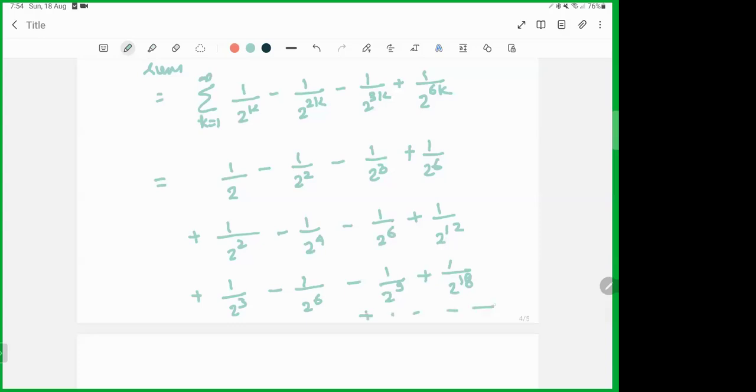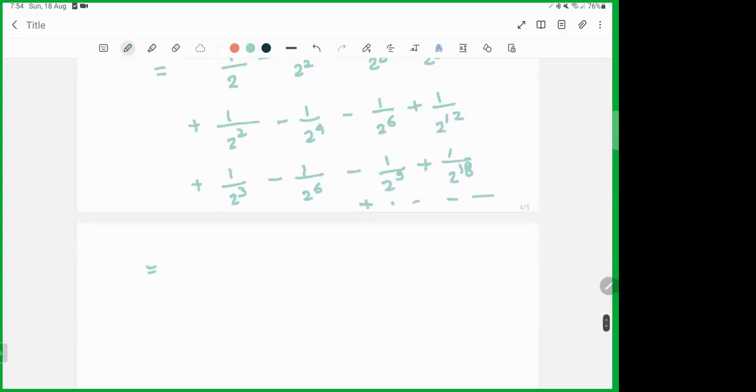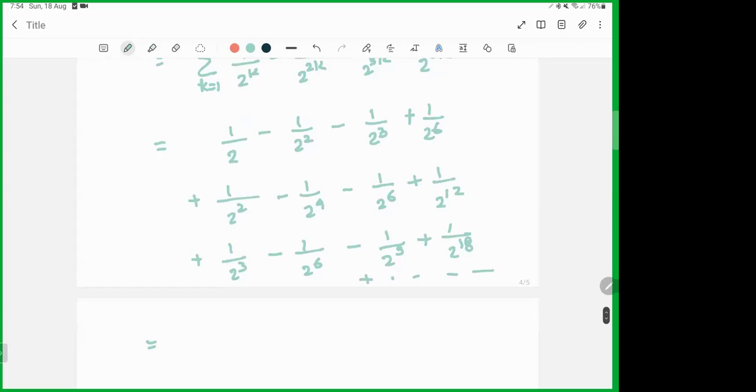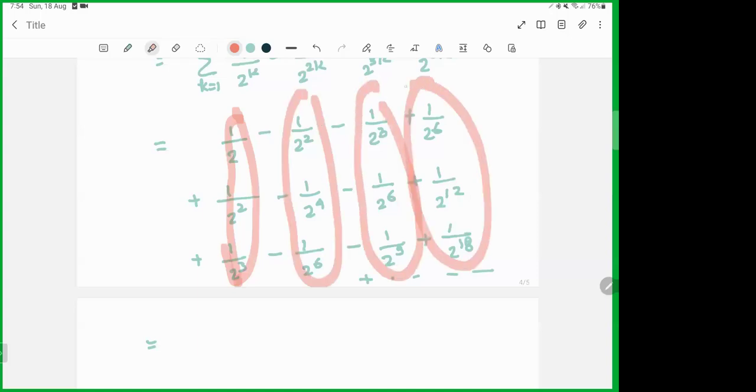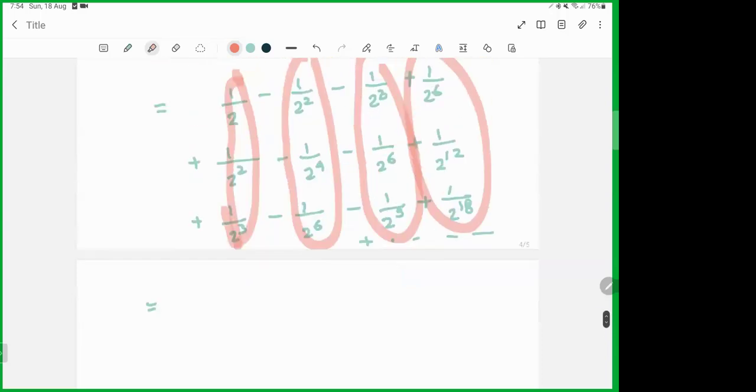Each of these is again a GP, so you can do the summation.